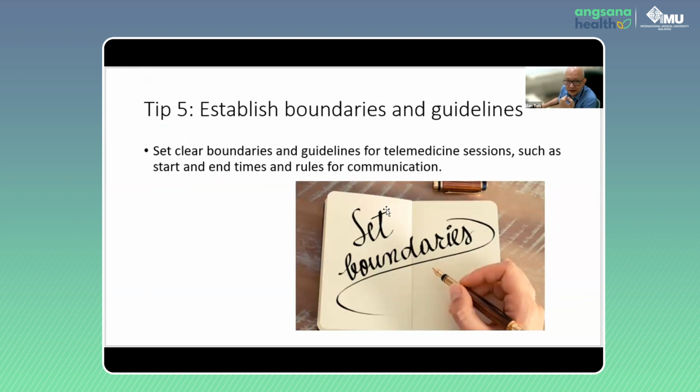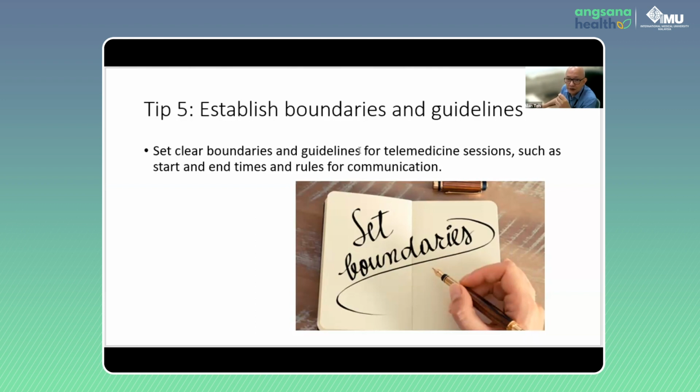So we really establish that the session is not meant for that. We also have to set a time frame. Sometimes it can go on and on. You have to say right from the beginning, this is a 15-minute telemedicine session. You have to be clear about what you're setting.